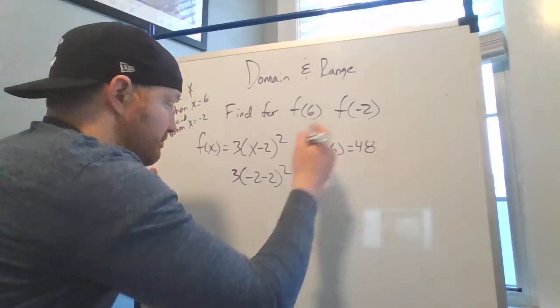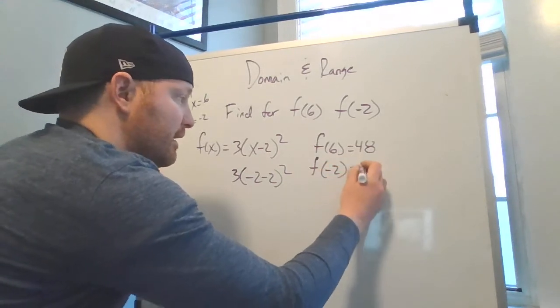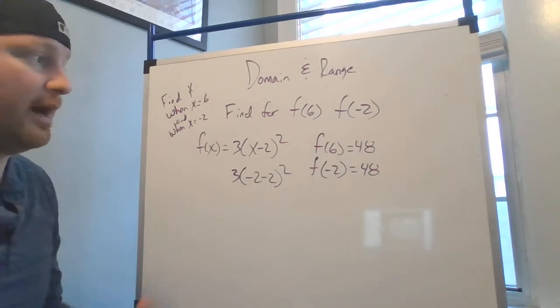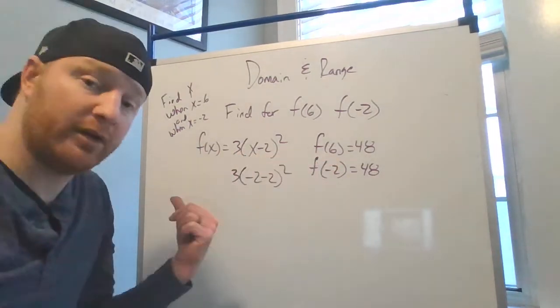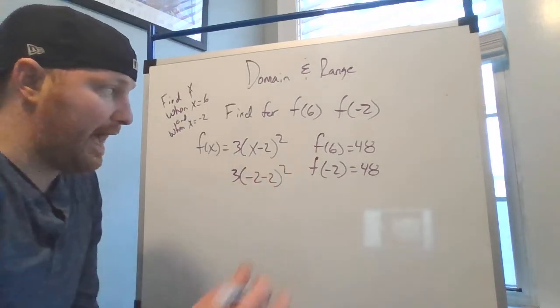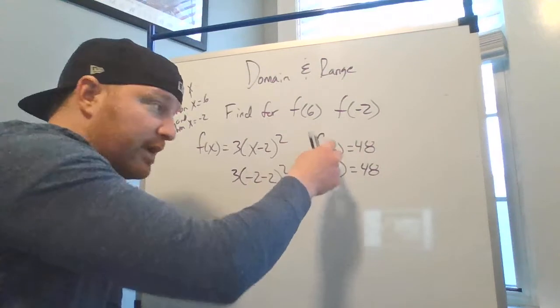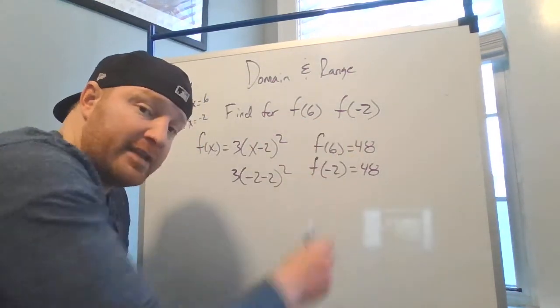Now, I did not plan on this happening, but I'm glad it did. So when I input -2, I still get 48. Okay? So this is a function. This works because it's quadratic, and this proves what I said earlier about how I can have the same output from two different inputs, but I can never have, ever, two different outputs for the exact same input.